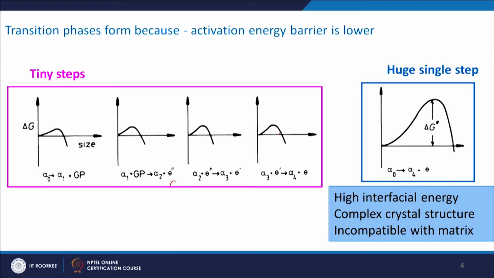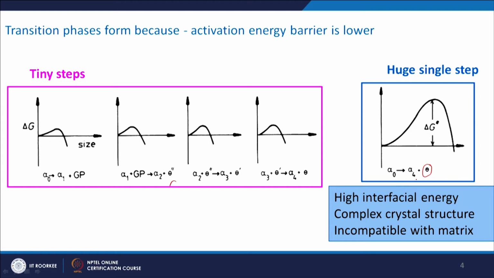But if I divide the same height into small steps, okay, it is very convenient for us to climb, okay. So that is what we are doing here, that we are dividing the whole precipitation into tiny steps, okay, instead of one huge step, which is basically alpha naught transforming directly into the equilibrium phase theta, okay.